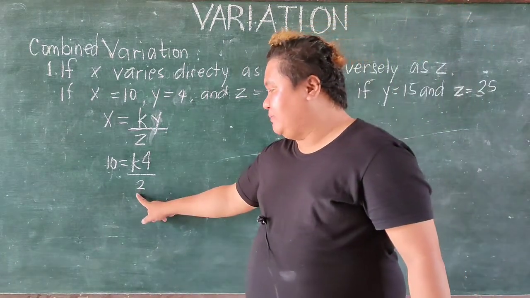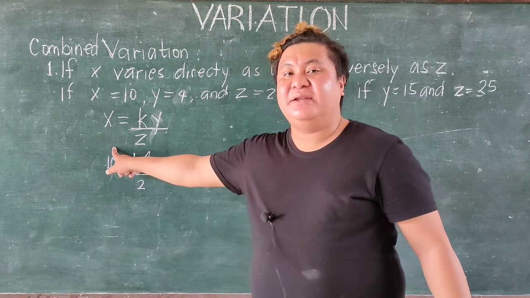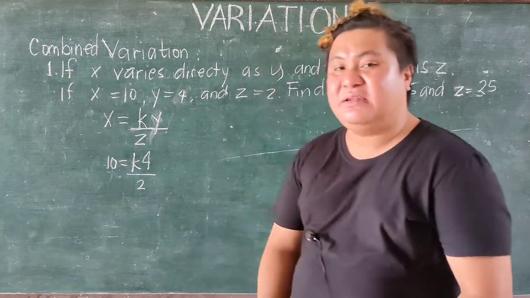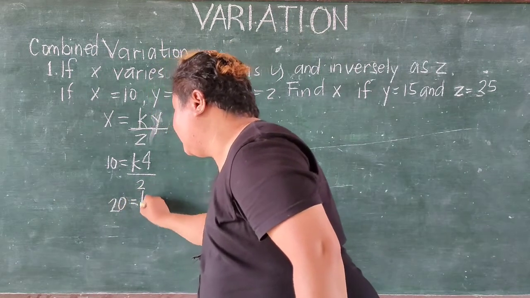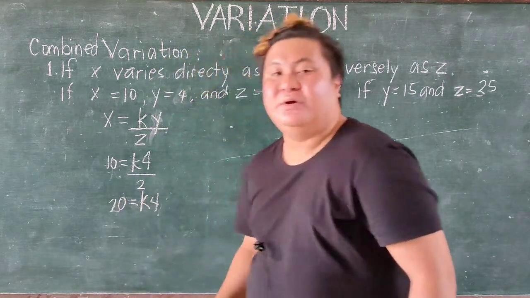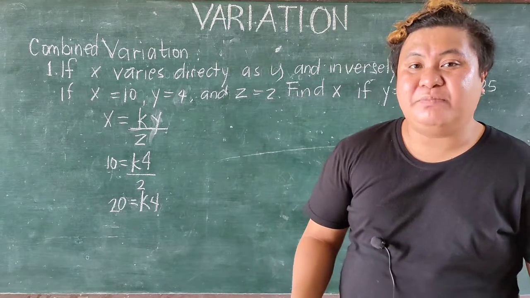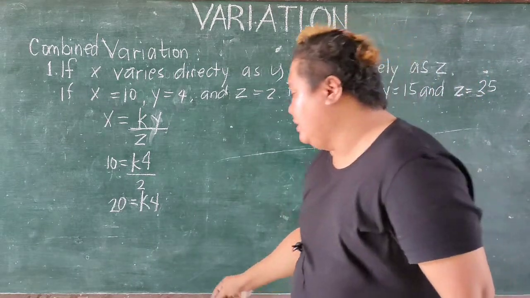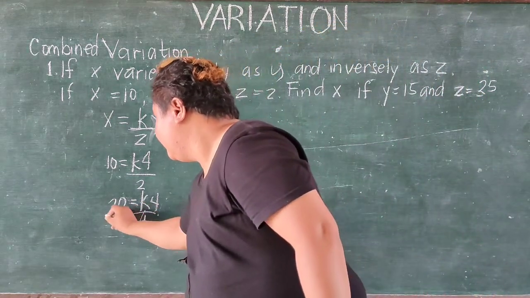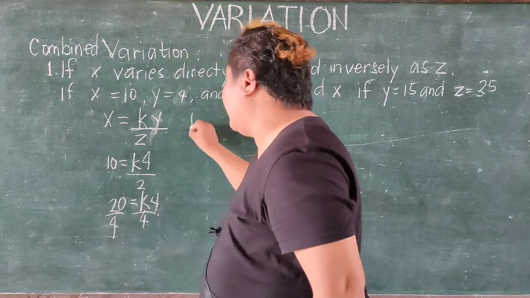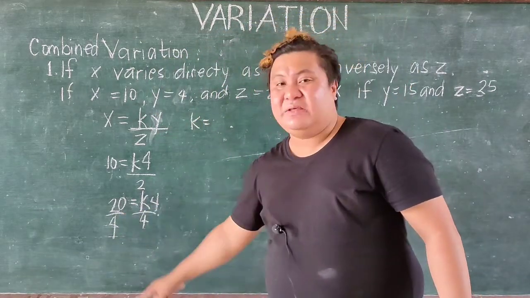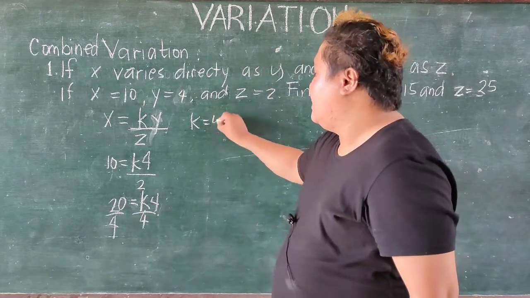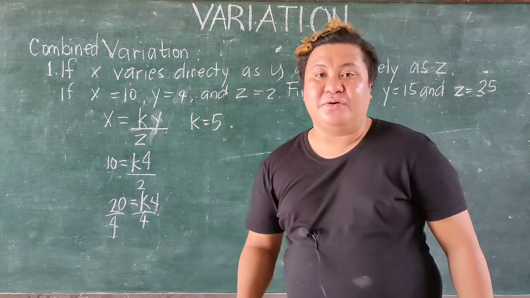So multiply 2 by 10. We have 10 times 2 is 20. 20 is equal to k times 4. Then divide both sides by 4. So your k is equal to 20 divided by 4, which is 5. That's the value of your k.